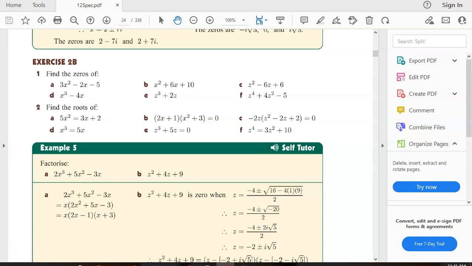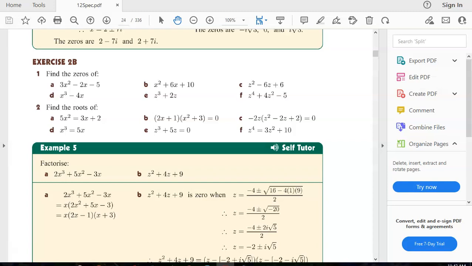So all of this stuff, out of question 1, which one do you think sometimes stumps people? It's D. Yes, because we forget that most basic of things, pull out a common factor. I mean, seriously, pull out the common factor.